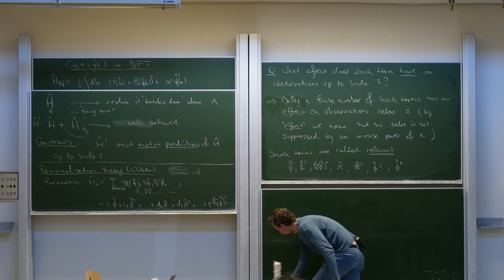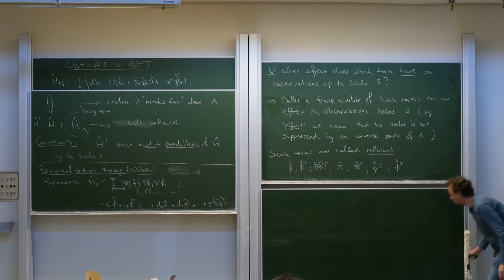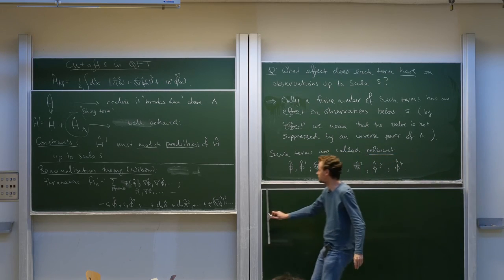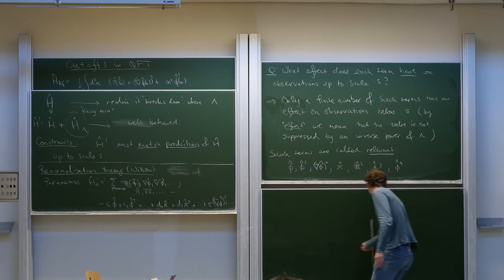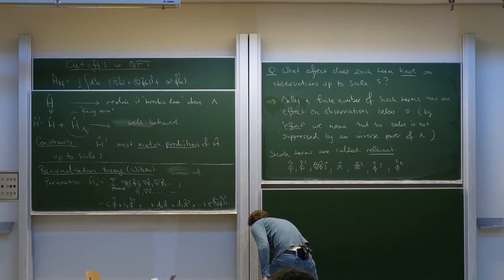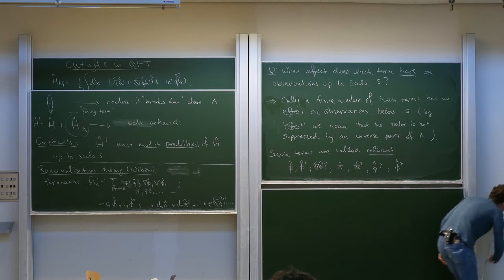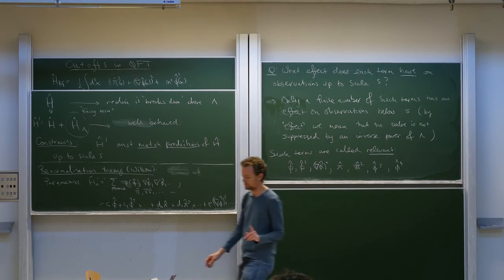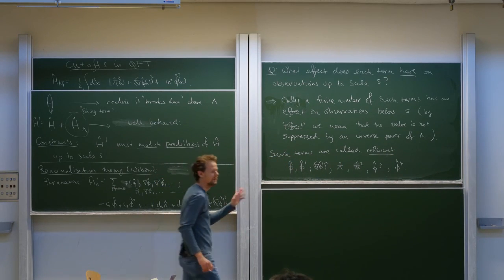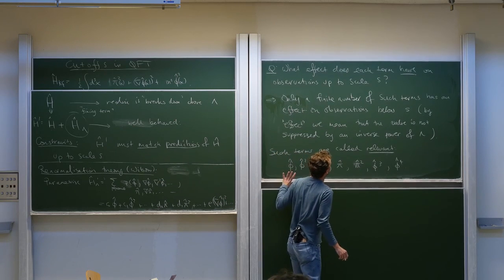So my favorite cutoff for the moment is the momentum cutoff. So I'll describe that before we finish. The momentum cutoff does break Lorentz invariance, which is sort of worrying, but it has other things that are good though.